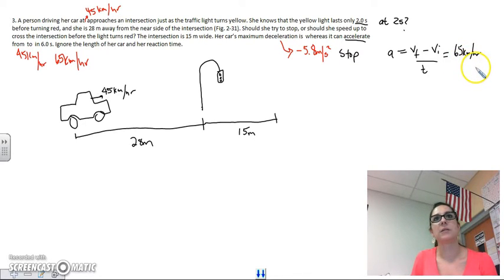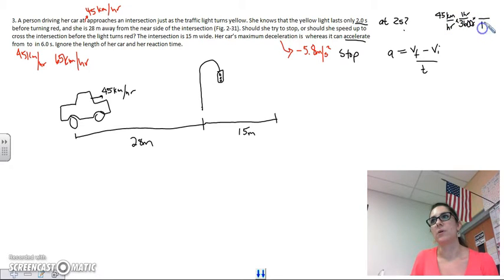Actually, I changed my mind. Before we do this, let's get these kilometers per hour into meters per second. Let's just do that right away. I'm going to do that up here on the side. So I'm going to do 45 kilometers per hour times in 1 hour there are 3,600 seconds, so I'm just doing our basic conversions.